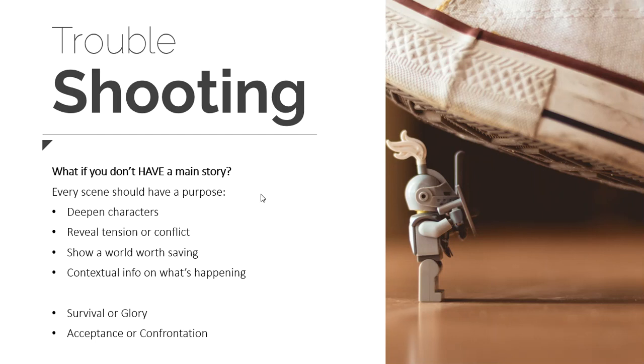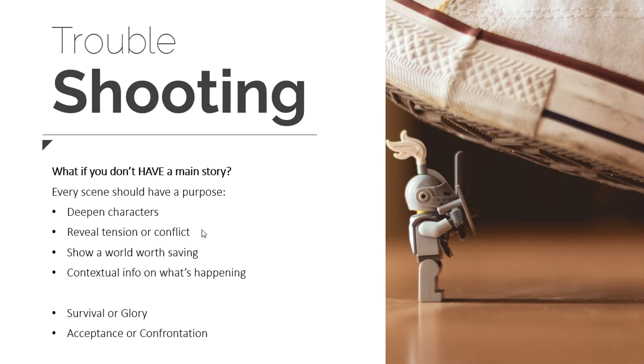We did talk about having a scene checklist earlier, but in review really quickly, every scene should deepen the characters, show some character depth or their backstory or emotional attachment, reveal tension or conflict.